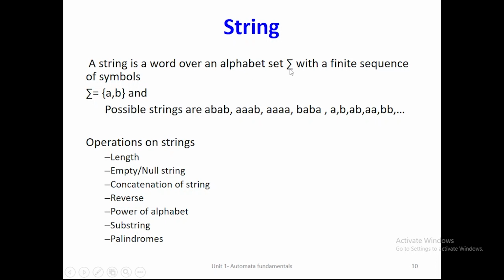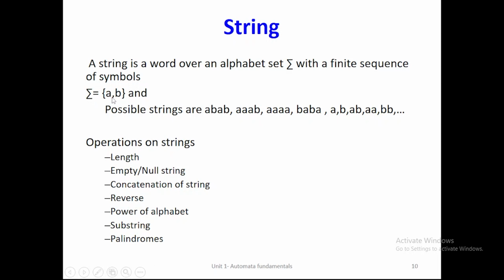We are all aware that an alphabet set is a finite sequence. Here an example is given for an alphabet set. Sigma is equal to {A, B}, and in forming strings, we can form a single letter word, two letter word, or three letter word based upon this alphabet.